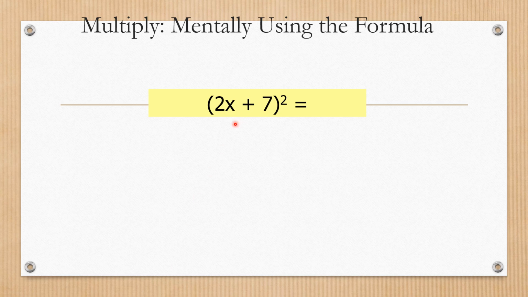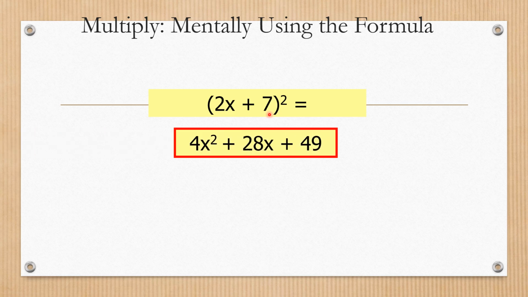So 2 times 2x times 7 is 28x, and 7 times 7 is equal to 49. Let's see. Yeah, so that's correct. We can do it mentally. Just use the correct rules or formula.